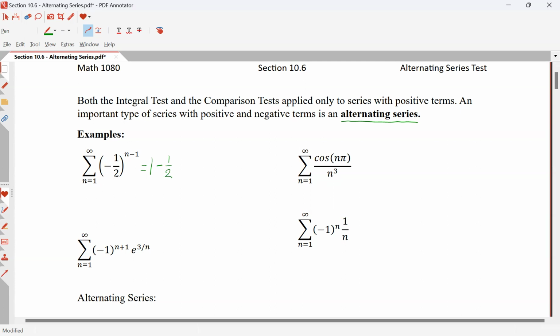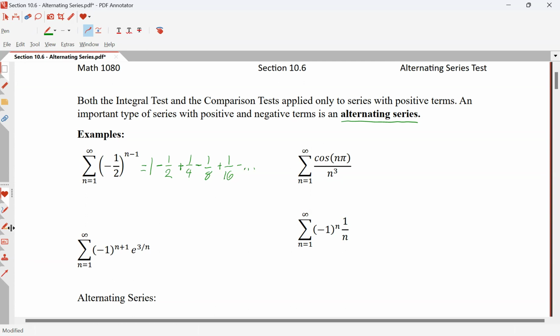When I plug in 3, we get (-1/2) to the second, which is a positive 1/4 because negative times negative. When we plug in 4, we get (-1/2) to the third, which is -1/8. And then it would be positive 1/16, and so on.